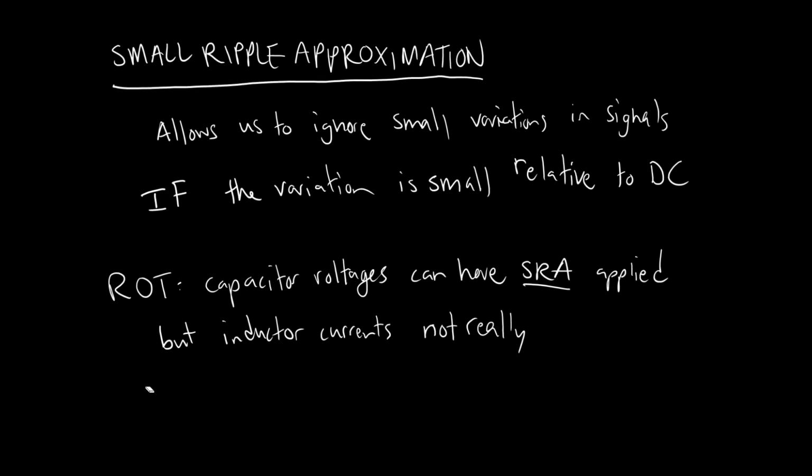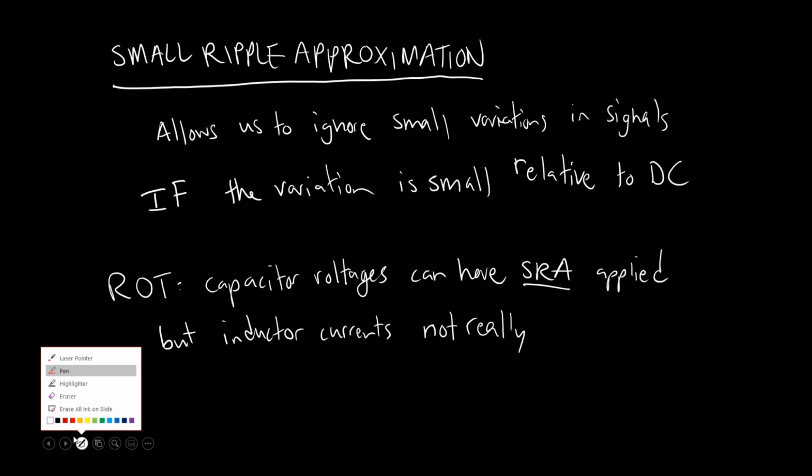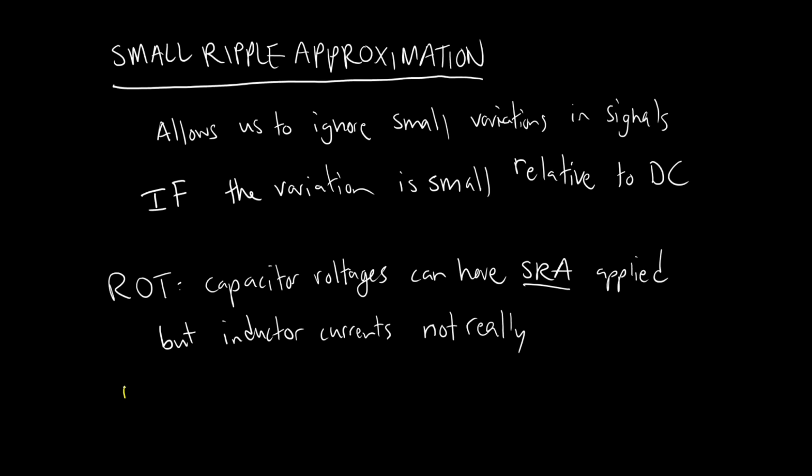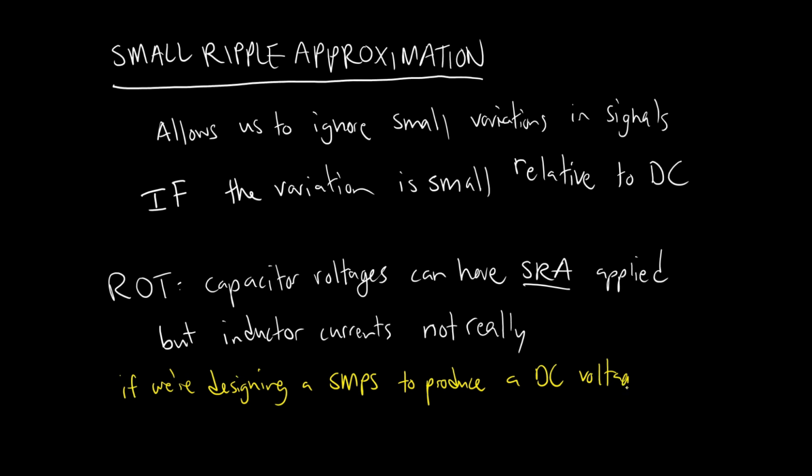Maybe I'll just write that. So one way of thinking about it, if we're designing a switch mode power supply to produce a DC voltage, it better have small ripple, otherwise we're doing something wrong.